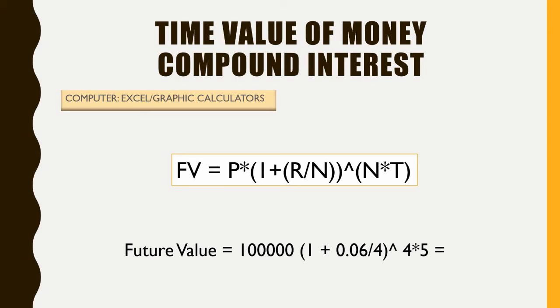So in this case, we're going to be using parentheses. In most cases, it's easier if you do your principal times open parentheses 1 plus open parentheses r divided by n, close parentheses, caret, open parentheses n times t, close parentheses, okay? Now, what does the caret do? Caret is the symbol above your number 6 key, so you have to hold shift 6 to activate it.